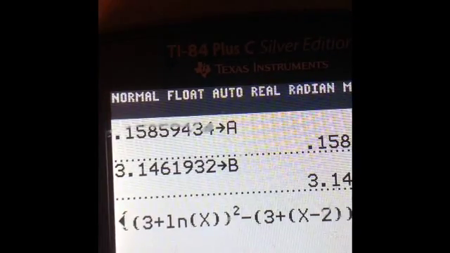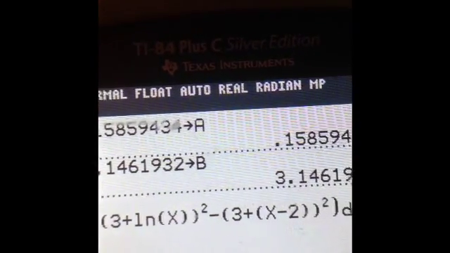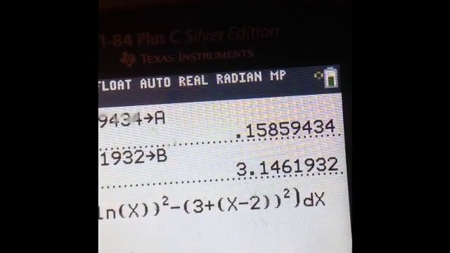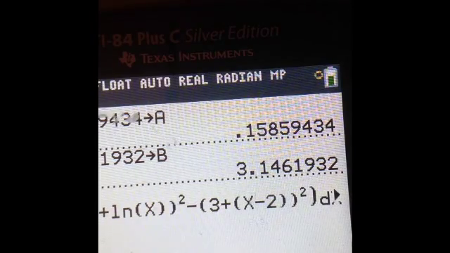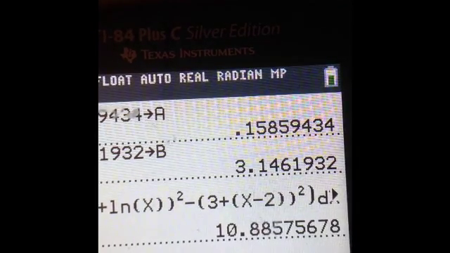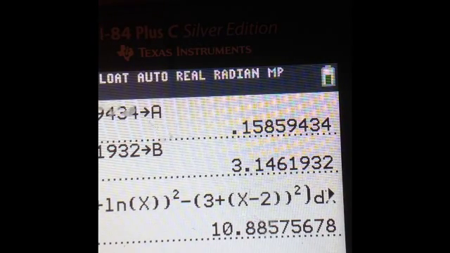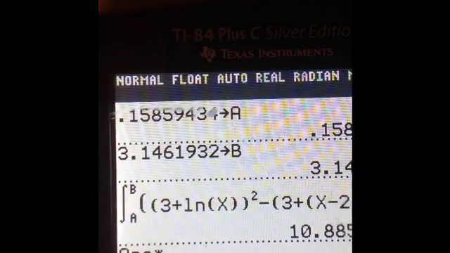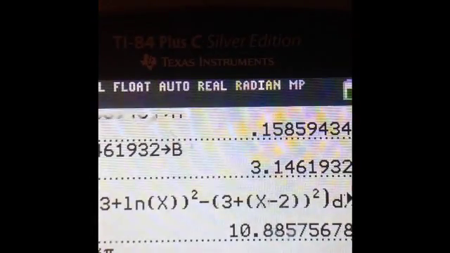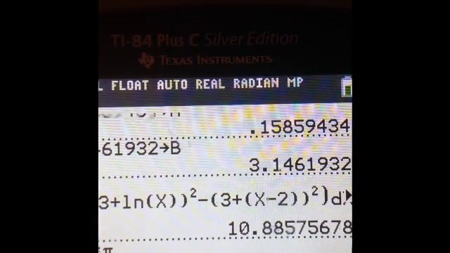Let's make sure we've typed it right, got all our parentheses right. And you see you get what's on the paper, 10.886 pi, or you can multiply it times pi, depending on how your answer is written.